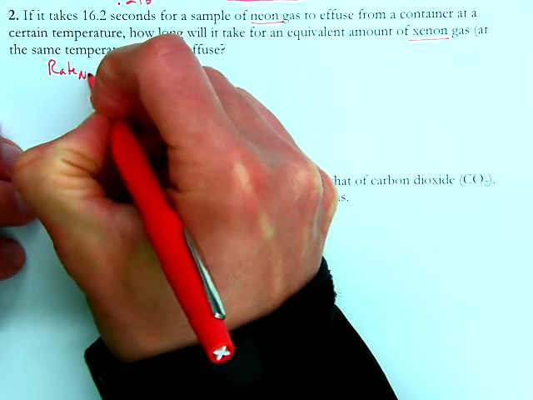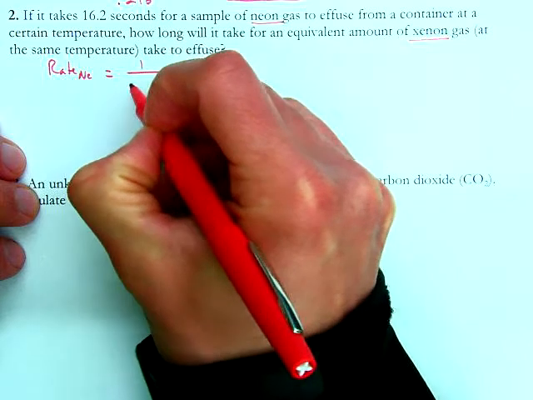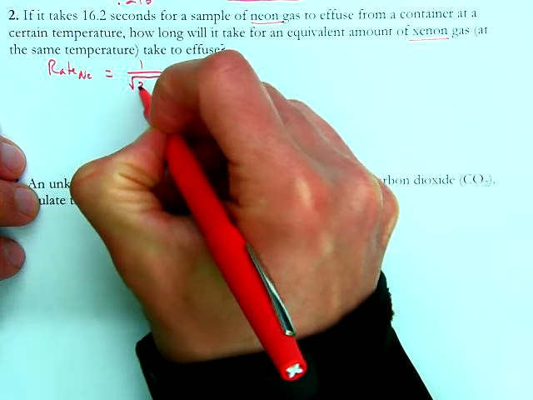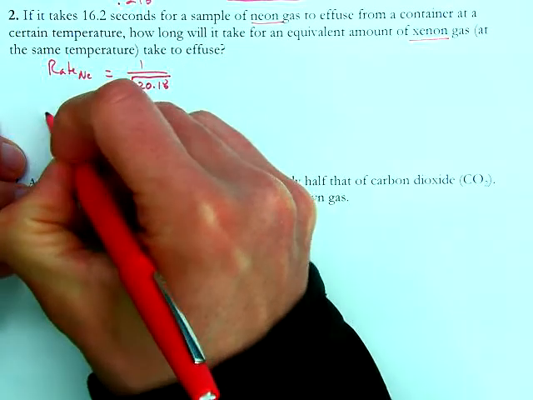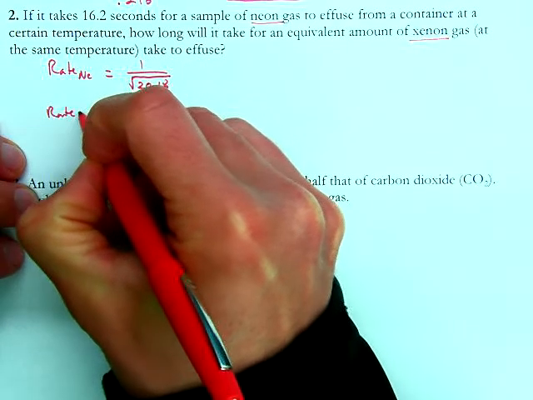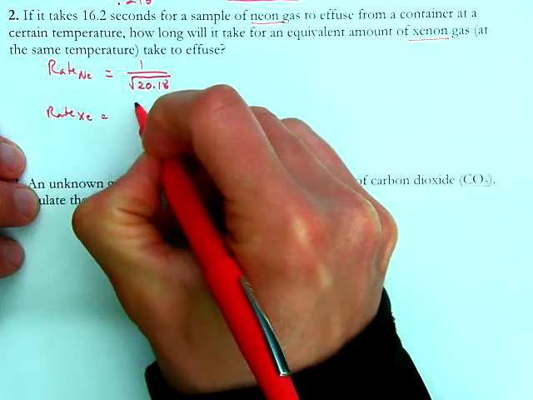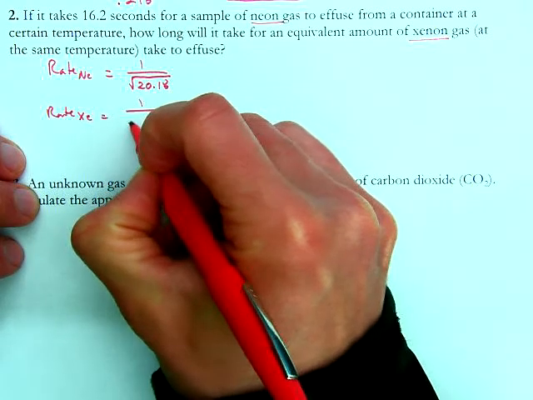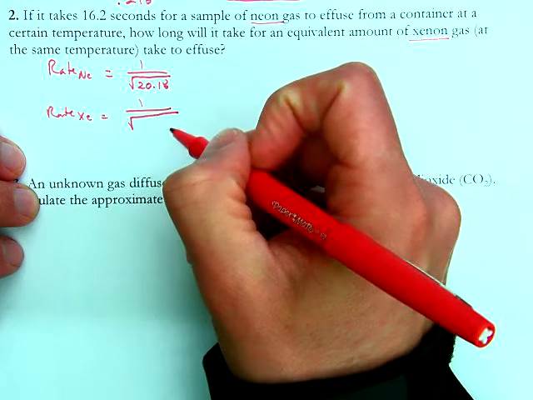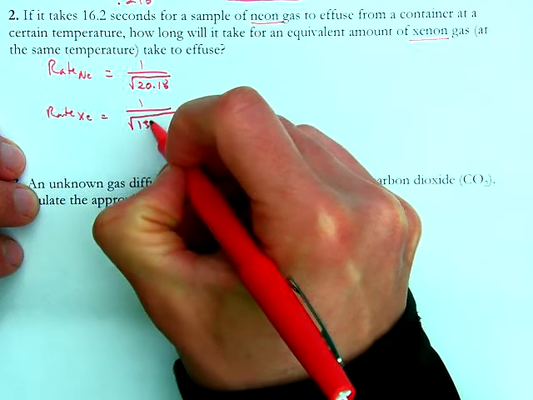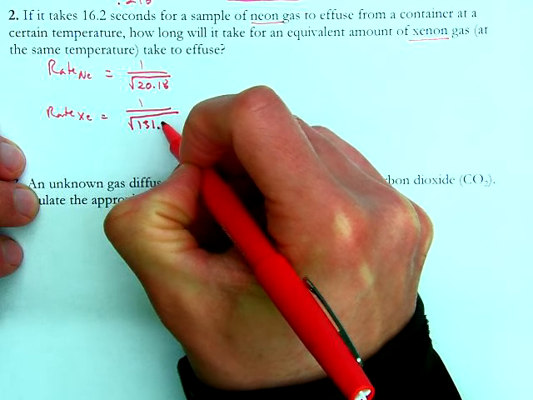Rate of neon is 1 over the square root of neon, which is 20.18, and the rate of xenon is 1 over the square root of xenon, which is 131.29.